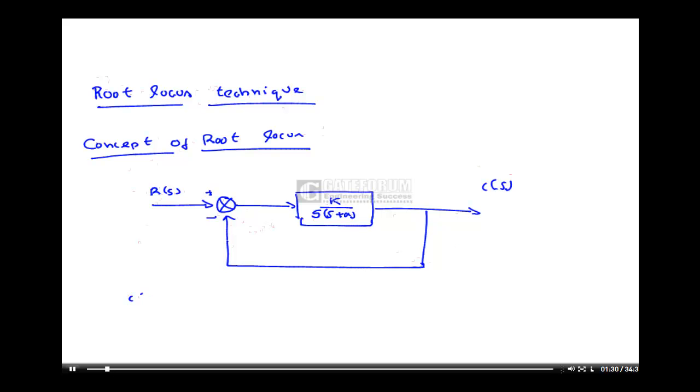In this, my C(S) by R(S) is equal to K upon S square plus AS plus K.